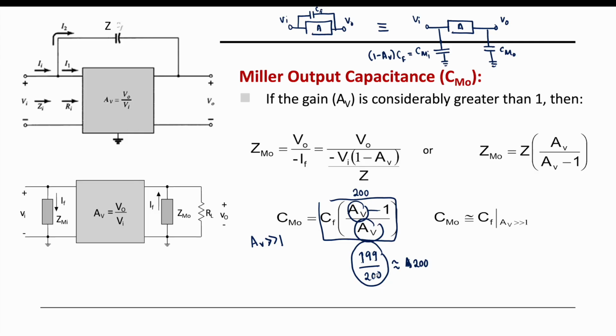So we can say it is almost 1. The same value divided by the same value will approximately give us 1. Therefore, if AV is greater than 1, the Miller capacitance at the output will equal the value of the feedback capacitance again.